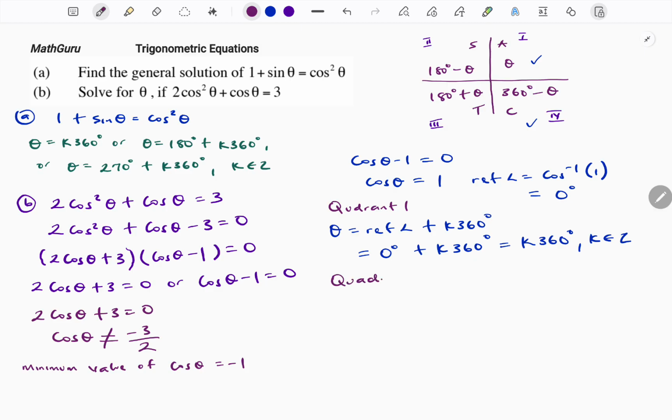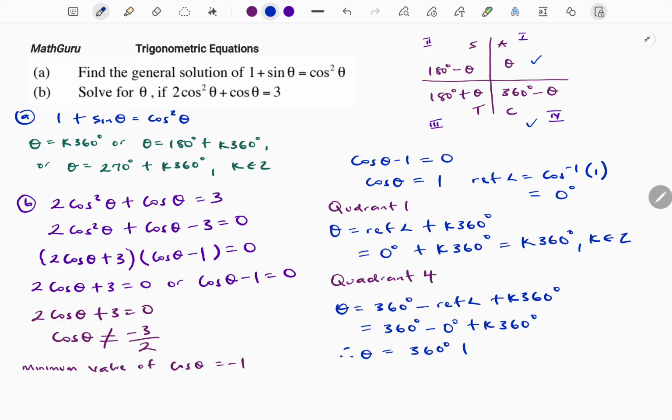I have quadrant 4, whereby my theta, and the reduction for that is 360 degrees minus my reference angle plus k 360 degrees, that is 360 degrees minus the reference angle, that's 0, plus k 360 degrees. Therefore, my theta equals 360 degrees plus k 360 degrees, where my k is an element of integers.